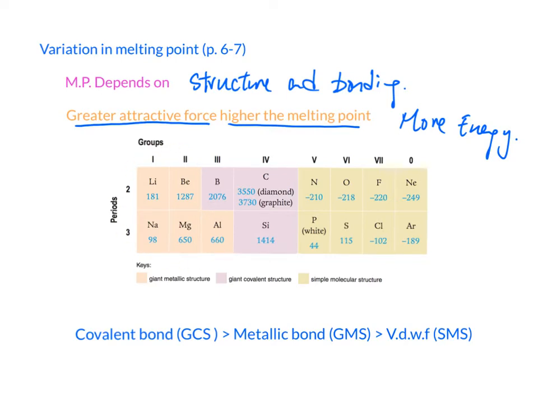You have to remember that the covalent bond and the giant covalent structures will be more difficult to overcome than the metallic bond and the giant metallic structures, and the van der Waals force in the simple molecular structures will be the easiest one to overcome. That will be the periodicity that we can see. We have a lower melting point, then go up high, and then we reach the lowest.